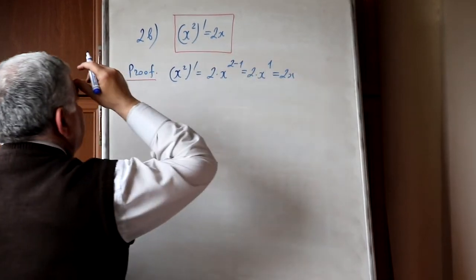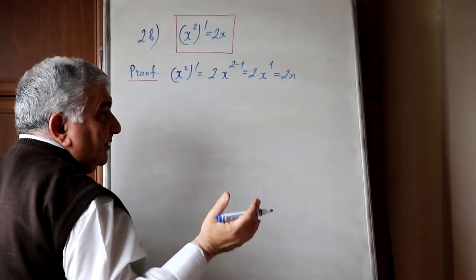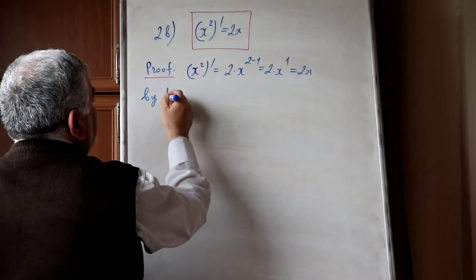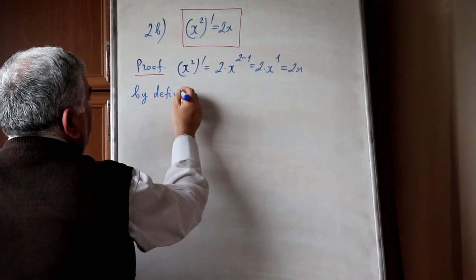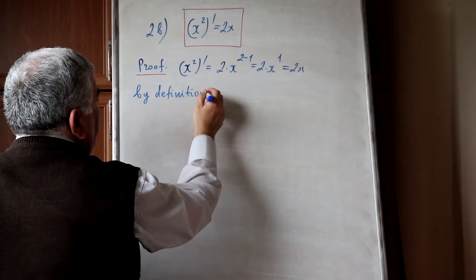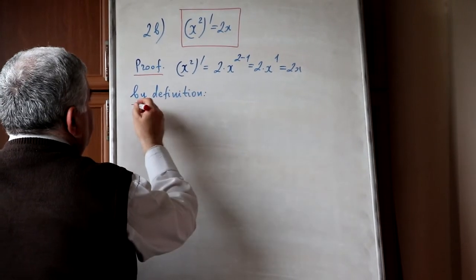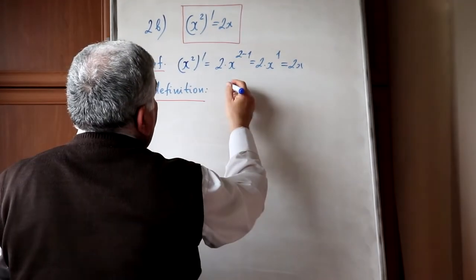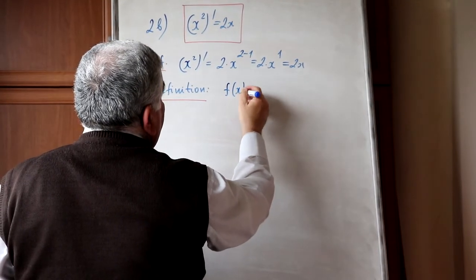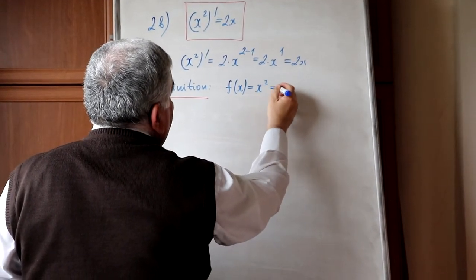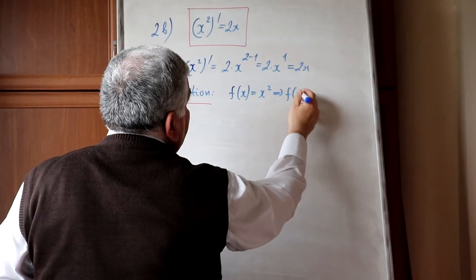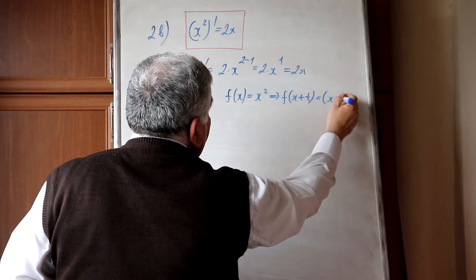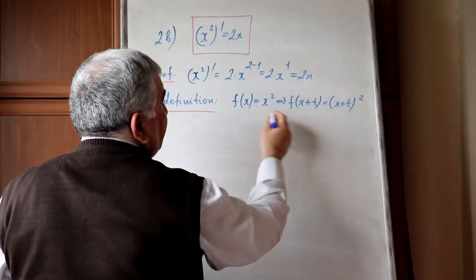And also we can prove this formula by definition of derivative. Proof by definition. Here f of x is x squared, and f of x plus t is x plus t squared. Here we substitute x plus t instead of x.